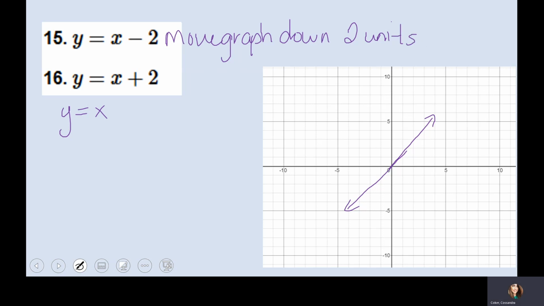So once again, vertical shift down. This added value of 2 moves the graph up 2 units.